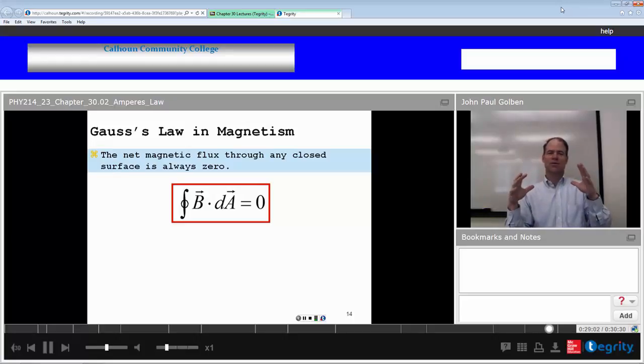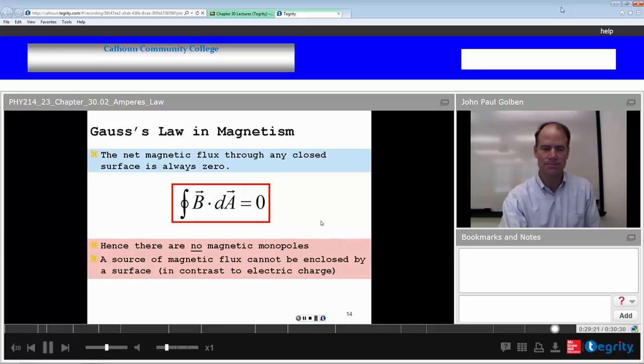In that case Gauss's law was the integration of the E field with the area equal to 1 over epsilon naught times the charge enclosed. We could do that because we could actually enclose a flux producing device. We can't do it with magnetism. So there are no magnetic monopoles. A source of magnetic flux cannot be enclosed in a surface.